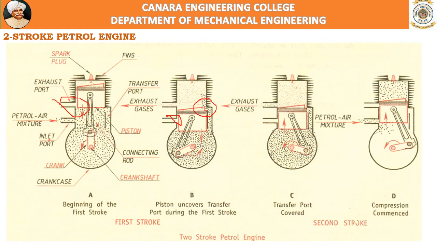Exactly at this point it should be opened and transfer takes place, and here it is closed. You should take care of the position of the piston, the angle of the crank, and the position of these ports, whether opened or closed. So practice drawing diagrams neatly.